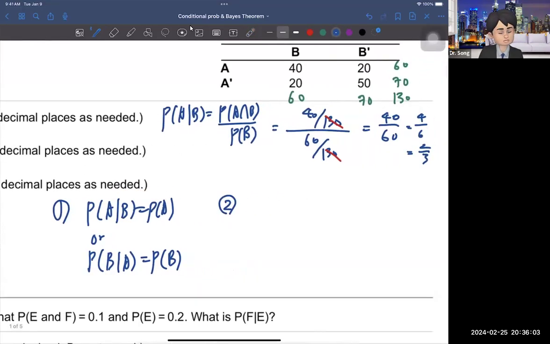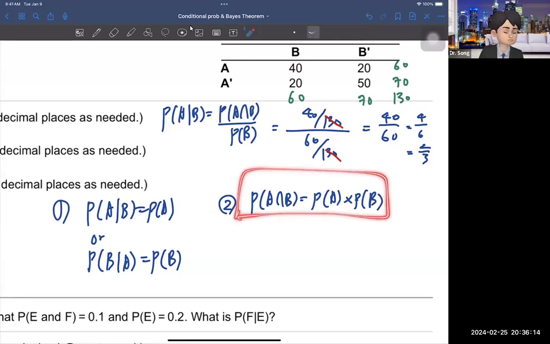And then there is a narrow meaning of the independence, that is probability A intersection B equals probability A times the probability B. So in fact, this narrow meaning of the independence comes from the broader meaning of the independence. Here's why.